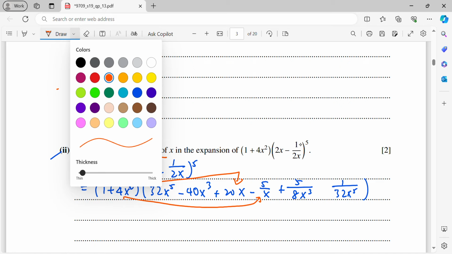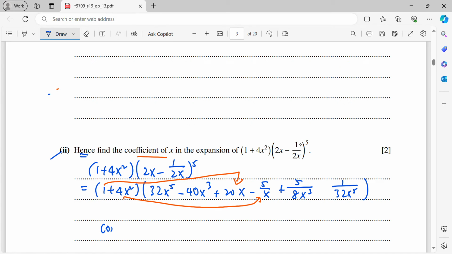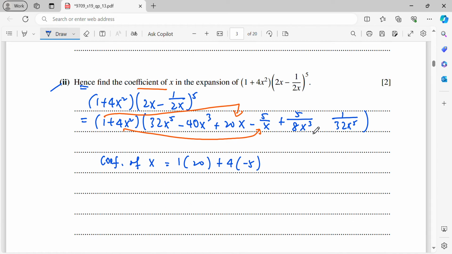So the coefficient of x is 1 times 20 plus 4 times negative 5, because with these two terms you will get the terms of x. Then the answer will be 0. So that's the solution of part 2.